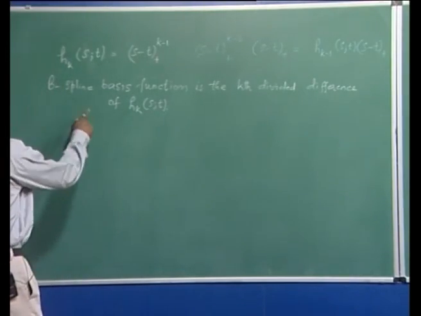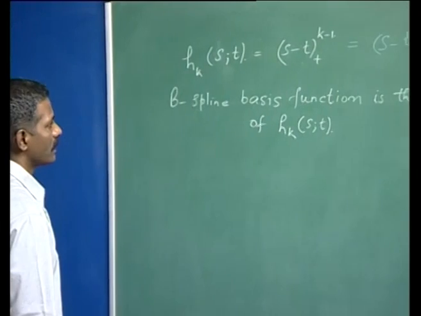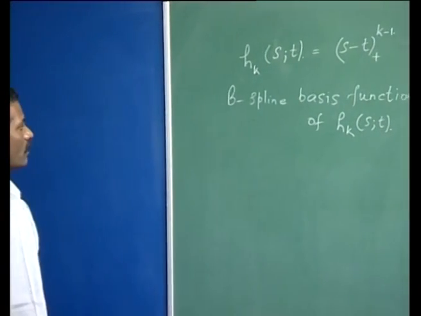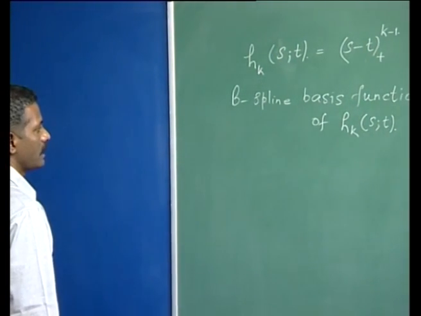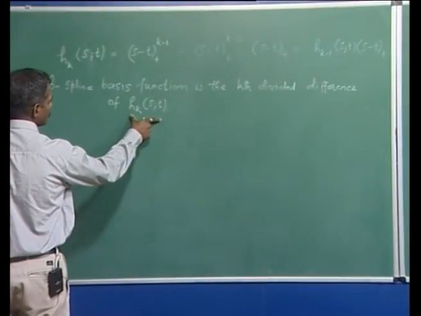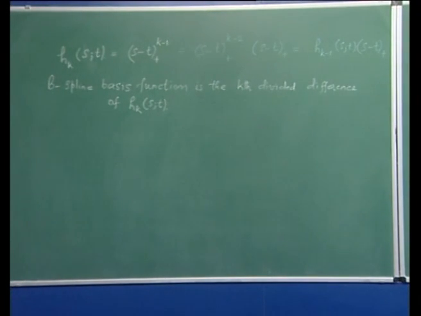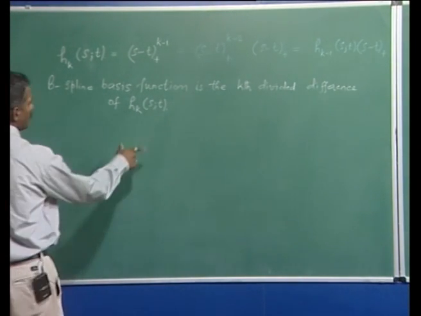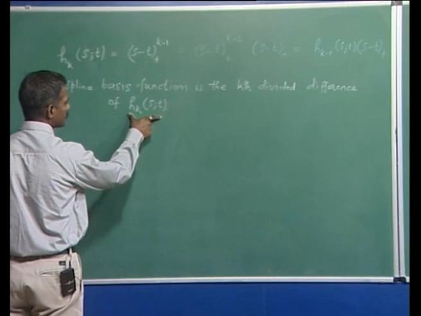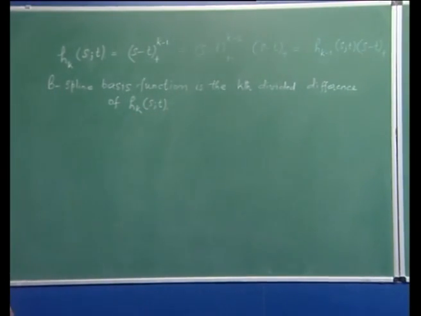Now let's concentrate on this proposition a little bit. The B-spline basis function is the kth divided difference of h_k(s; t), the truncated power function of order k. How do I write the kth divided difference of h_k? We can use the algebraic form.